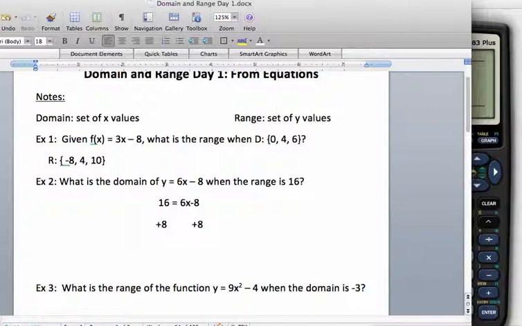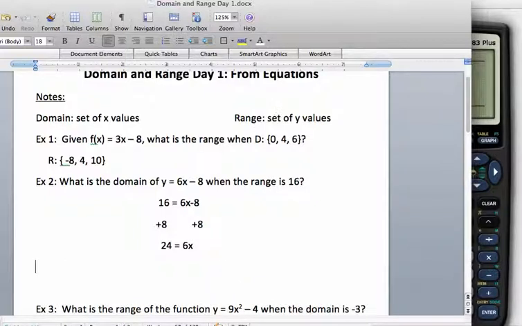And then 16 plus 8, you could do it in your head or in the calculator, and that would be 24 equals, and then these 8s go away, so it's 6x. And then you would just divide by 6. If you do 24 divided by 6, you get x equals 4. So that would be your answer, x equals 4. Okay? So be very careful if it's asking for the domain or if it's asking for the range.